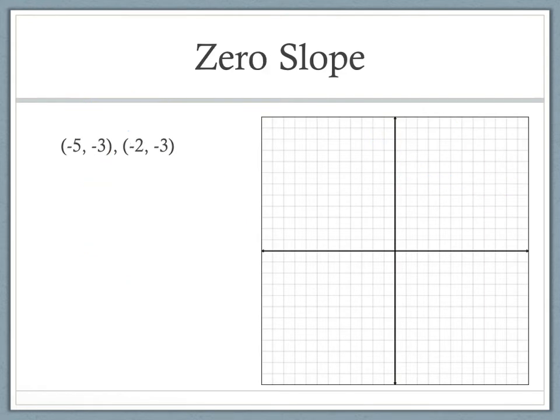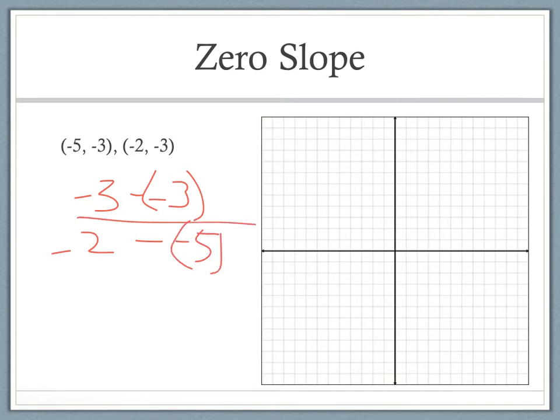Zero slope. Let's look at this real quick. I'm going to do negative 3 minus a negative 3, and then negative 2 minus a negative 5. Now, these become a plus, so that's negative 3 plus 3, which is 0. Negative 2 plus 5 gives me positive 3.